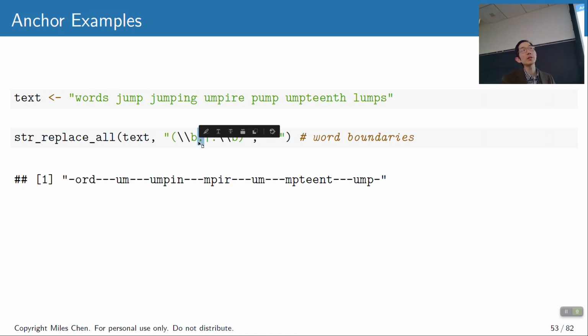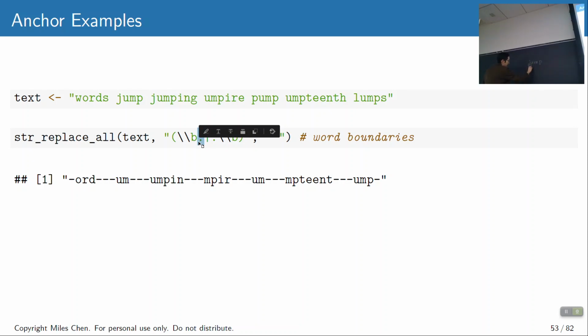So the word boundary itself is a little bit of an odd concept. The word boundary itself does not occupy a character space. It is just kind of a location. So there is technically a word boundary here.